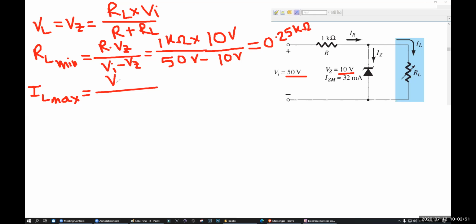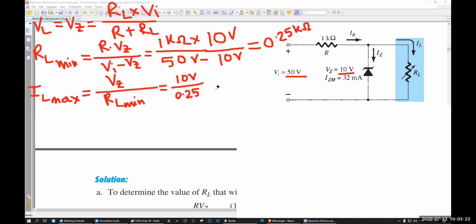What about VL? Now the VL is actually VZ, right? VL is equal to VZ, because when the Zener is on, this voltage and this voltage are actually the same. So we can call it VZ divided by RL minimum, 10 volt divided by 0.25.